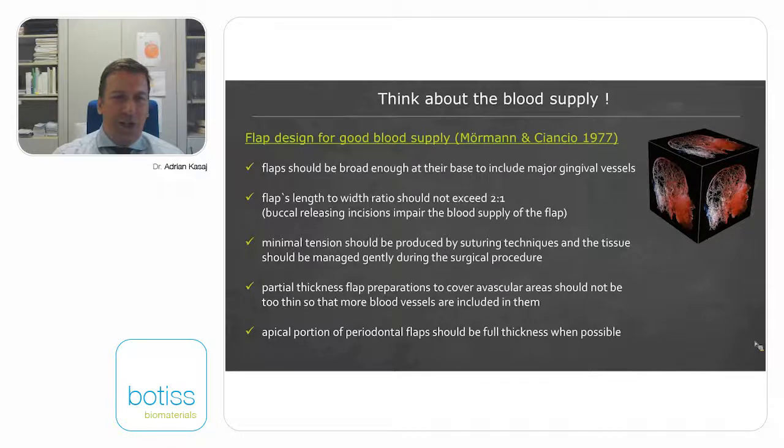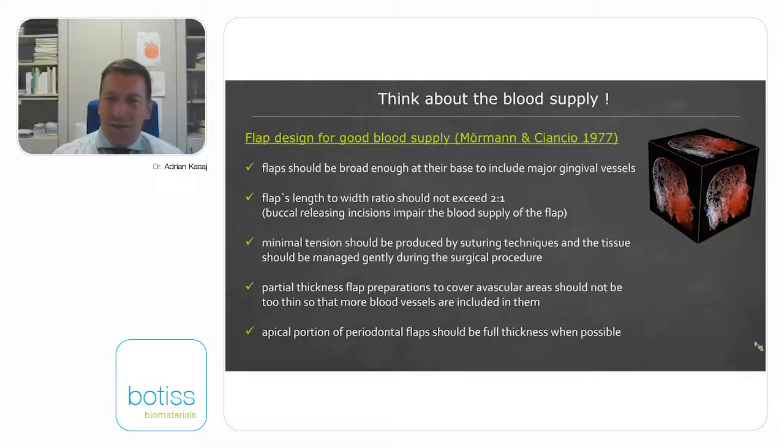Buccal releasing incisions will impair the blood supply of the flap. Minimal tension should be produced by suturing techniques, and the tissue should be managed gently during the surgical procedure. And a very important point is that partial thickness flap preparations to cover avascular areas should not be too thin, so that more blood vessels are included in them.